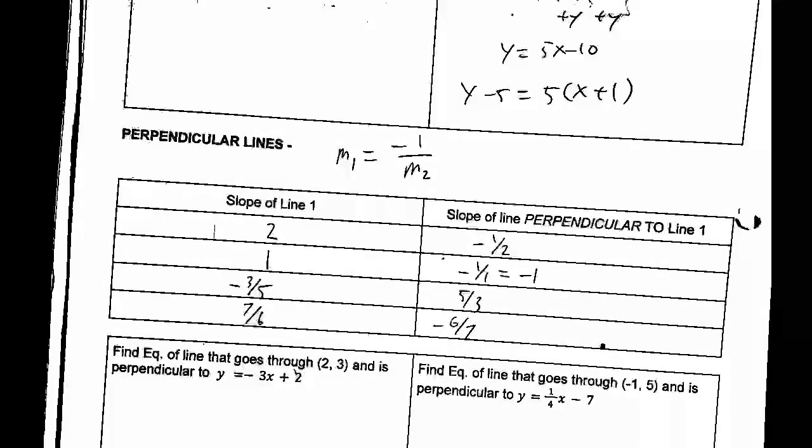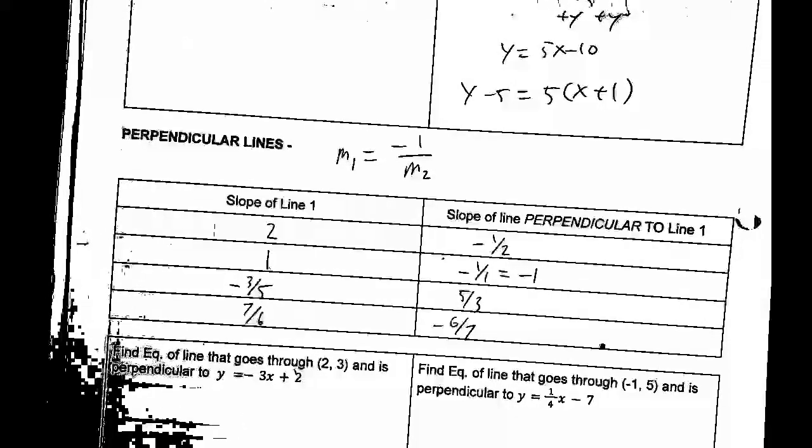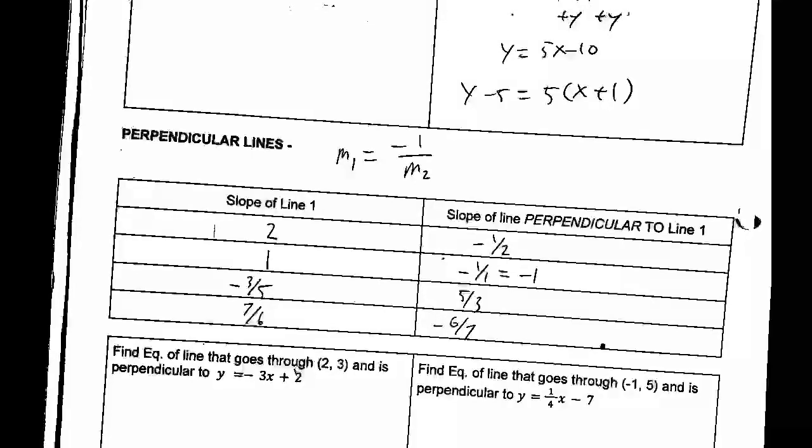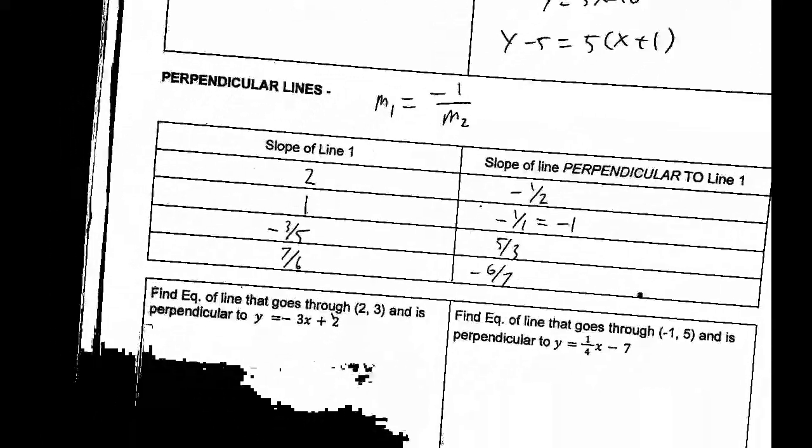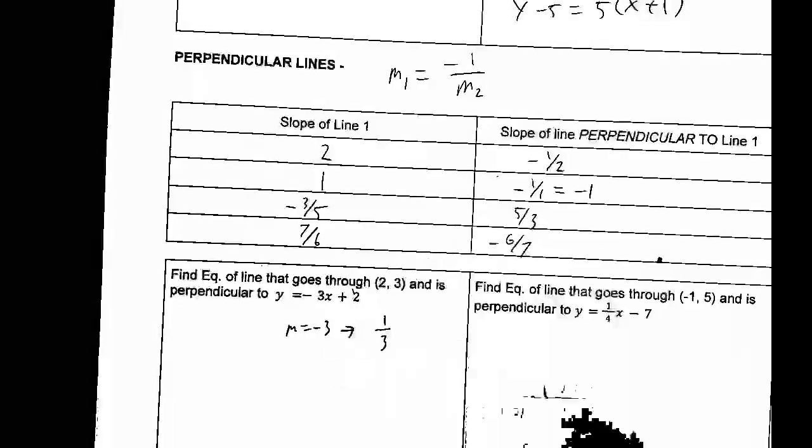So in these examples, find the equation of a line that goes through (2, 3) and is perpendicular to negative 3x plus 2. Well, my slope here is negative 3, so my perpendicular slope would be 1/3. So my formula is going to be y minus 3 equals 1/3 (x minus 2).